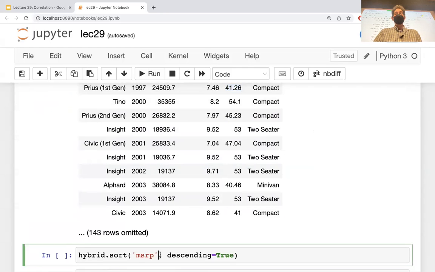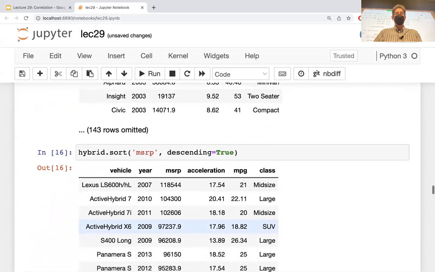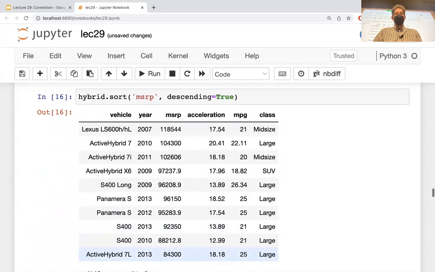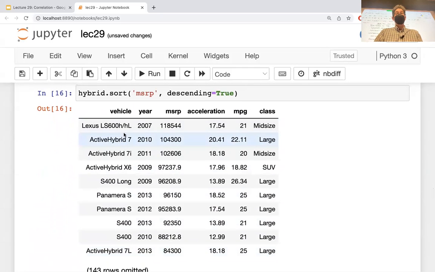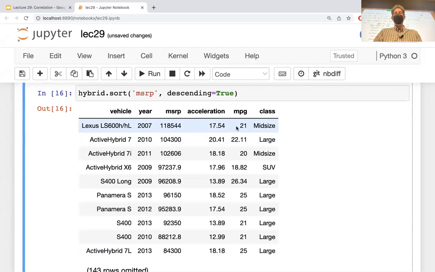Let's look at what's in the data. In 2007, Lexus released the LS600 HL for $118,000, which was a lot in 2003. It had, well, not the most acceleration. It had great miles per gallon.